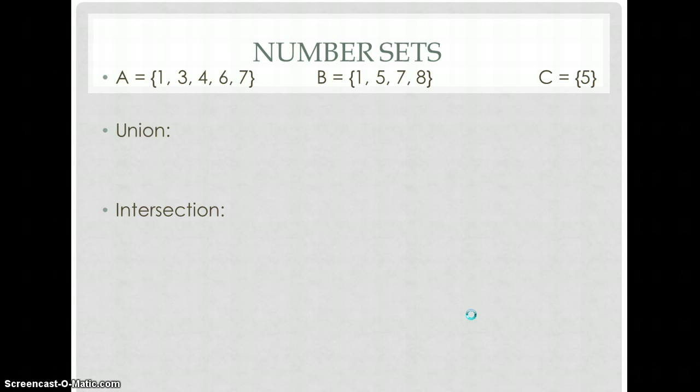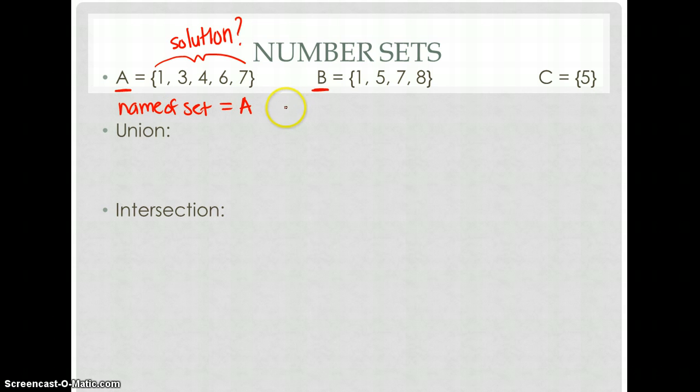Number sets, just a group of numbers. Generally, we'll talk about a group of numbers that maybe is the solution to an equation, something along those lines. Some basic notation: the name of the set will be a capital letter.